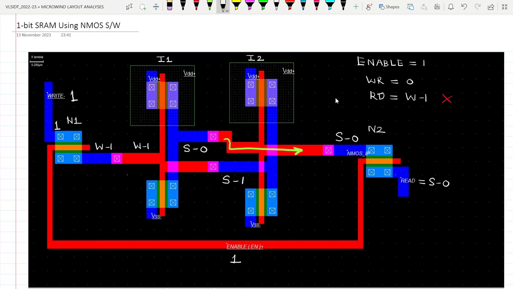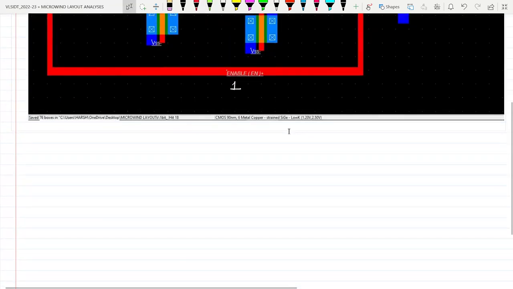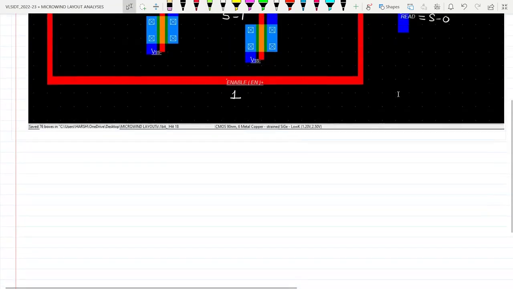So for write equal to 1, we have read equal to strong 0, which is acceptable. So we can summarize the analysis.